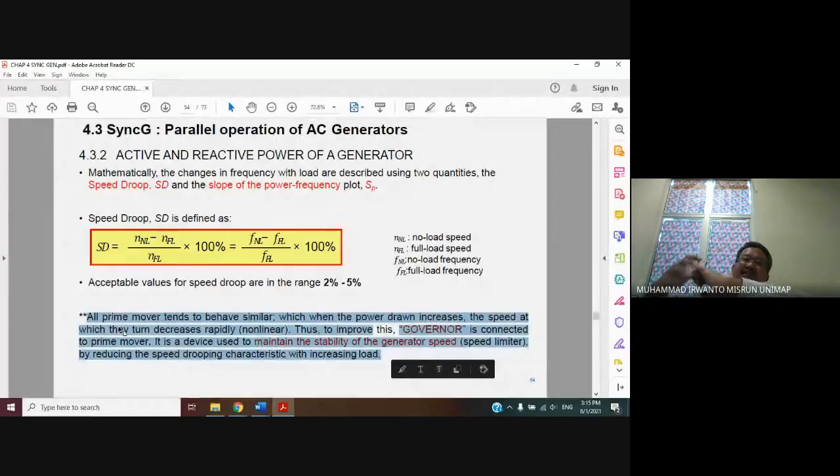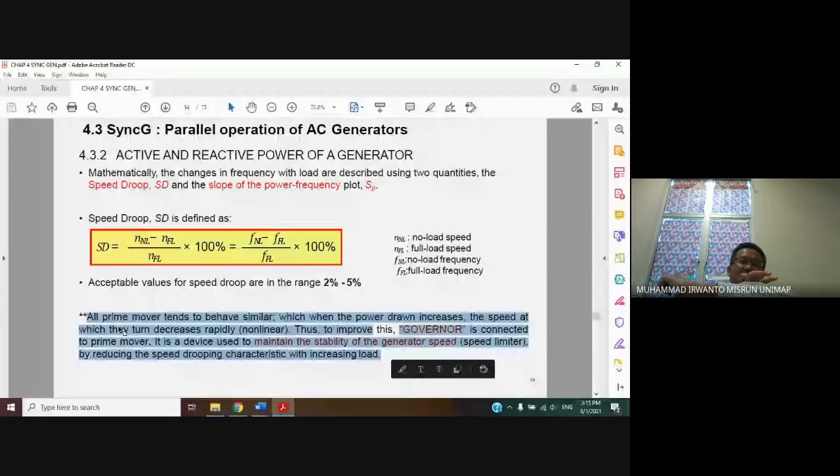Now, I repeat again. If it is a generator, the rotor of the generator is coupled to a prime mover. The prime mover in here can be a type of turbine, from water, steam, or gas turbine.